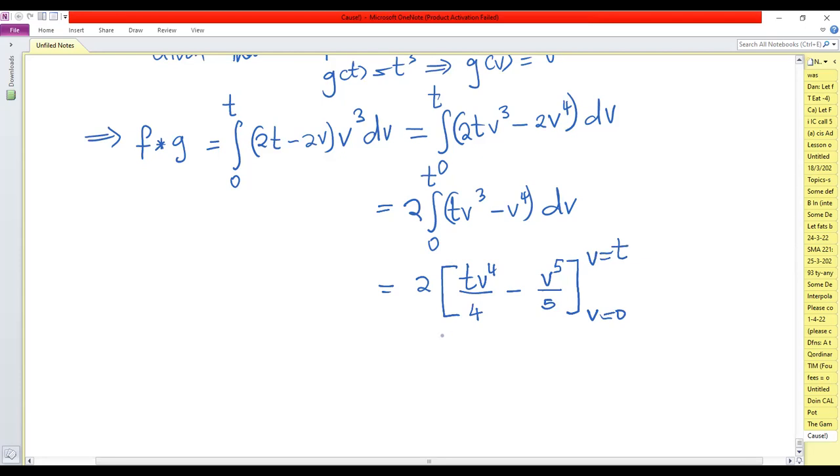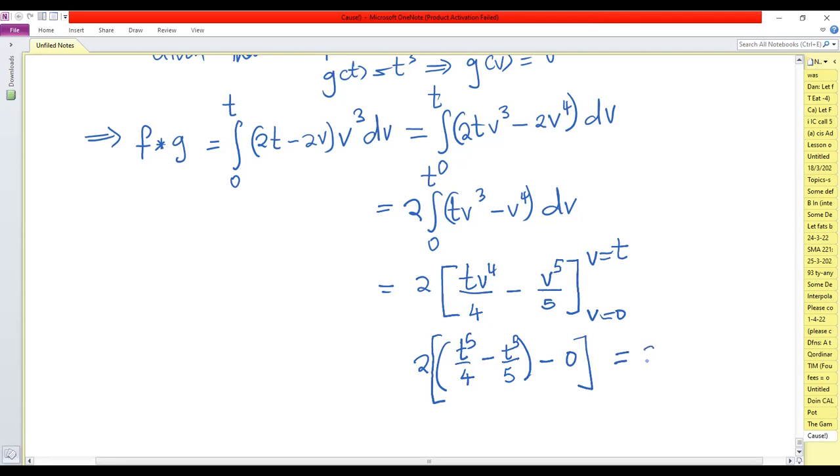So putting in the upper limit, we'll have 2 times, where there's v put t, so we'll have t times t power 4, which is t power 5 over 4, minus t power 5 over 5. And then for the lower limit, when you put 0 where there's v, everything will be 0.